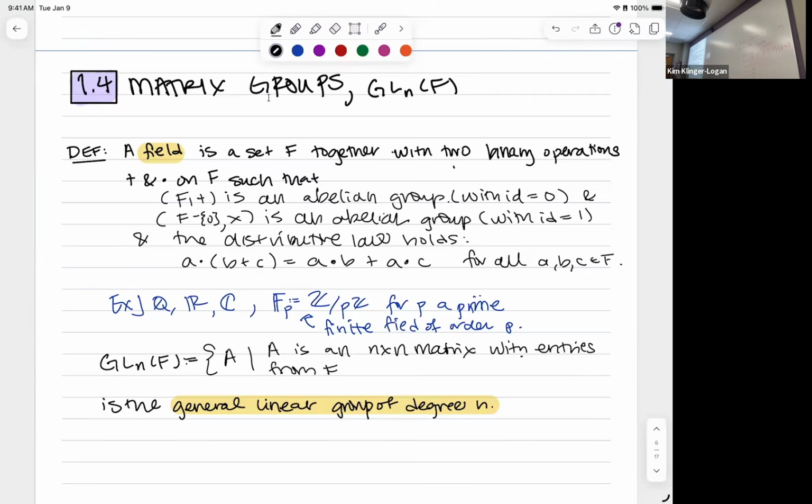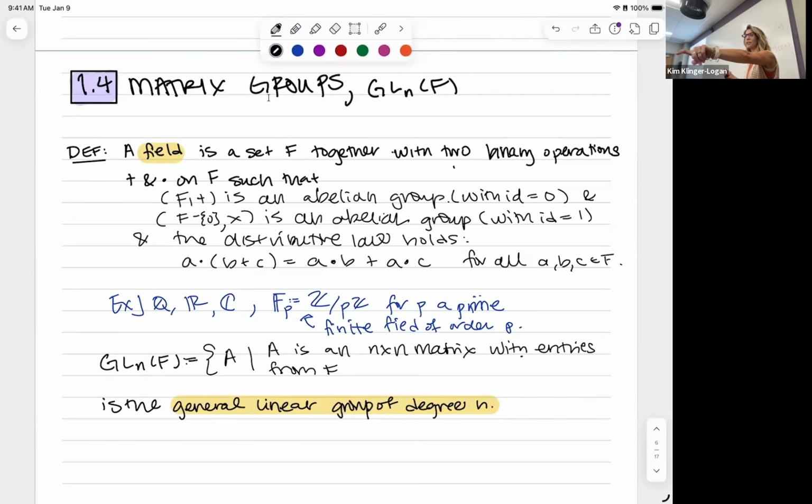So this little n is representing the size of the square matrix. F is representing where the entries are coming from. So if I put an R here, it means they're real numbers. If I put C here, it means all the entries could be complex numbers. But I need one thing in order to make this set a group under multiplication. So I'm going to take a set of matrices and I want to multiply them in a way that it's going to be a group. That means I have to be closed. Okay, seems fine. What do I need to worry about?